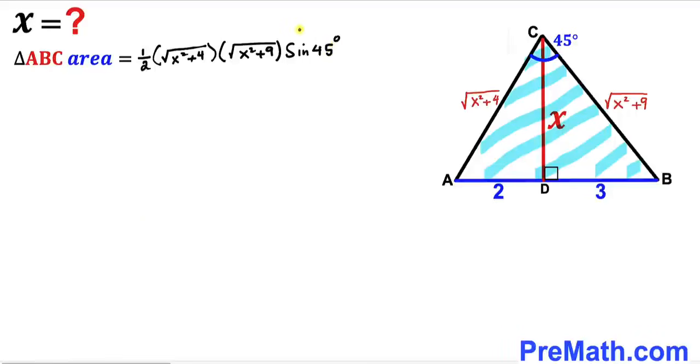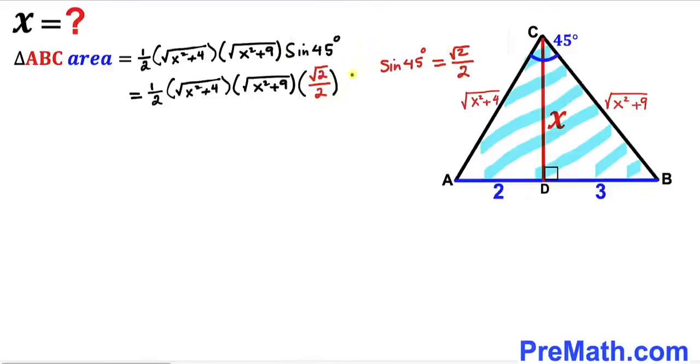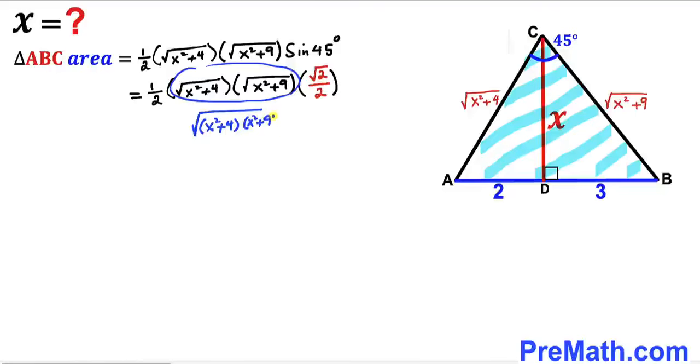Now let's focus on sine of 45 degrees. We know sine of 45 degrees is always equal to square root of 2 divided by 2. I have replaced sine of 45 degrees by square root of 2 divided by 2. Now, the two radicals combine into the square root of x square plus 4 times x square plus 9.